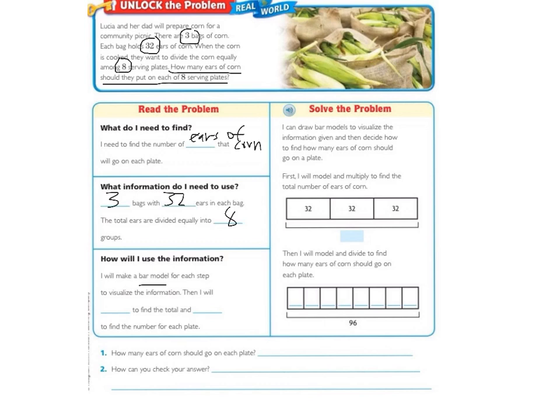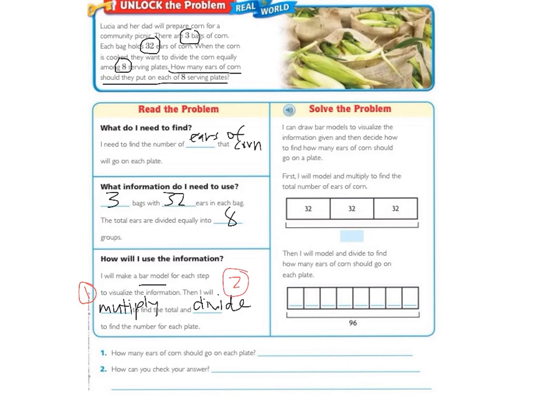Then we are going to multiply to find our total, and then we're going to divide to find out how much goes on each plate. This is where we get that multi-step part, because first step is multiply, step 2 is divide.